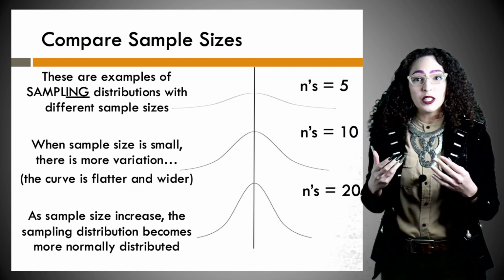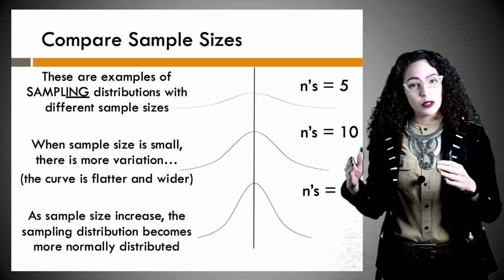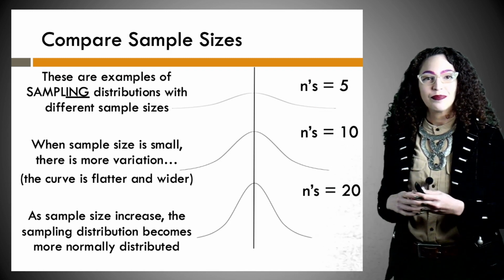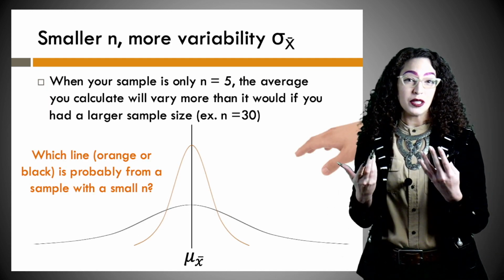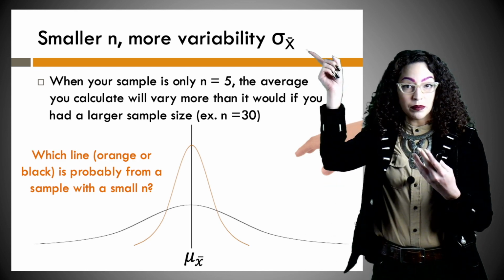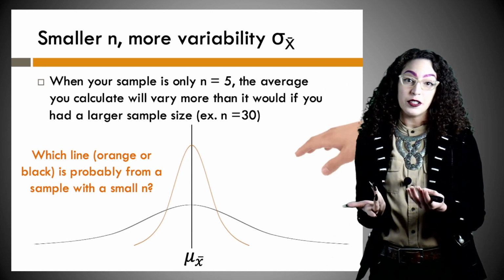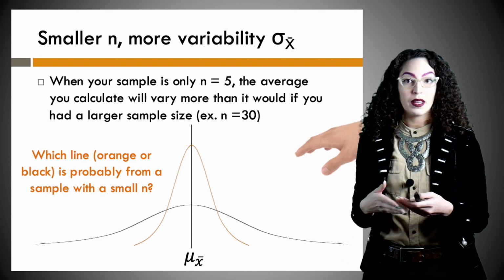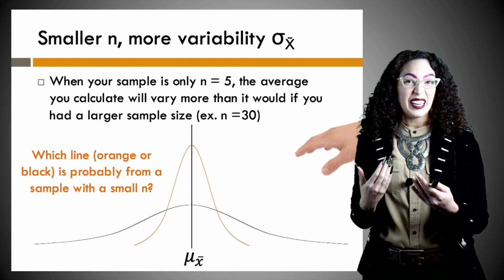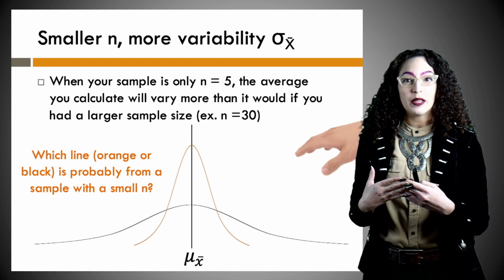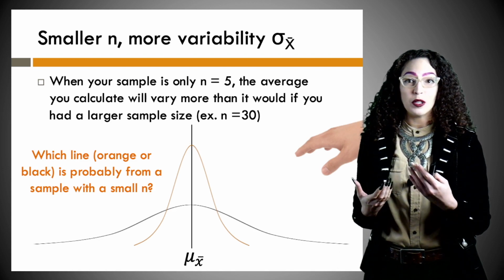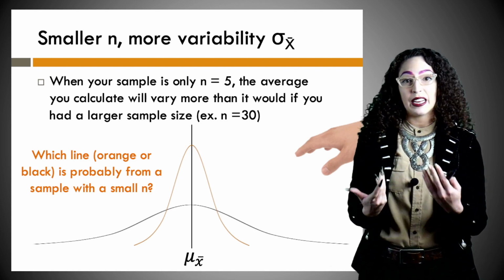As sample size increases, the sampling distribution becomes more normally distributed. A smaller n usually results in more variability in our standard error, which is basically the standard deviation for a sampling distribution. When your sample is only n equals 5, the average you calculate will vary more than it would have if you had used a larger sample size like n equals 30.